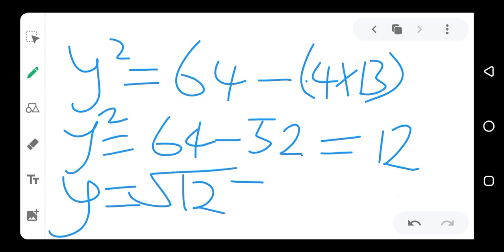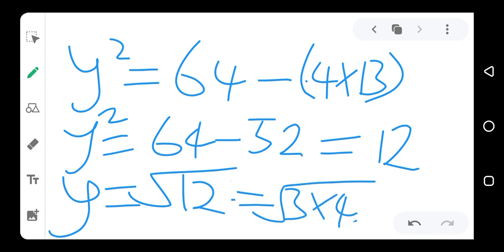Now root 12, let's leave it as a root. Root 12 is equal to root 3 times 4, which is equal to 2 root 3.